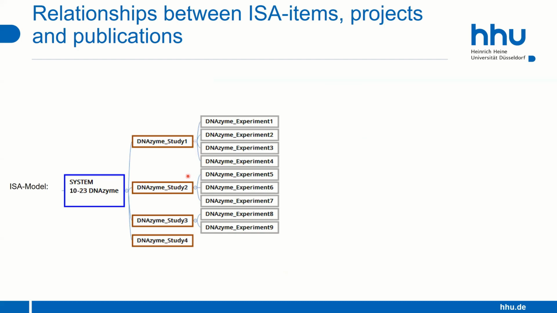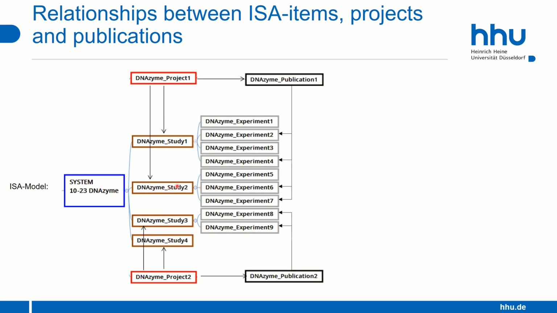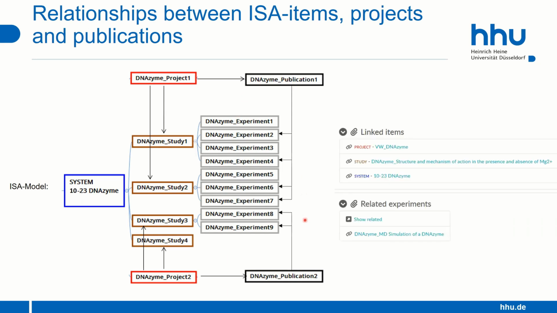And this works in that we set up these systems with links in between. So we have the enzyme project that links to multiple studies. Studies themselves also link to systems. Experiments link to studies. And then publications at the end are the container classes from which one can get information on linked experiments.